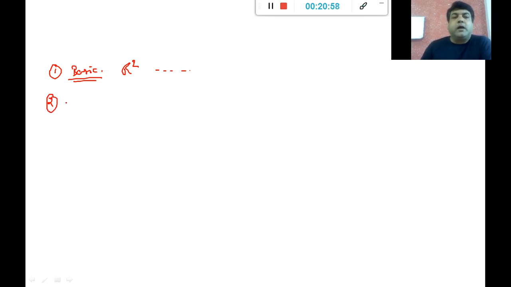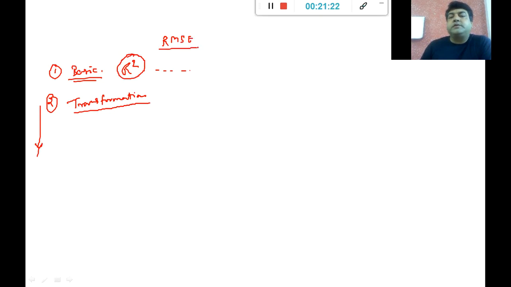As I said, we are going to use transformation, and I can go for n number of transformations and n number of models, as long as I am not getting a very good R square. And of course there is one more measurement called RMSE, which is root mean square error. We will see this in detail.